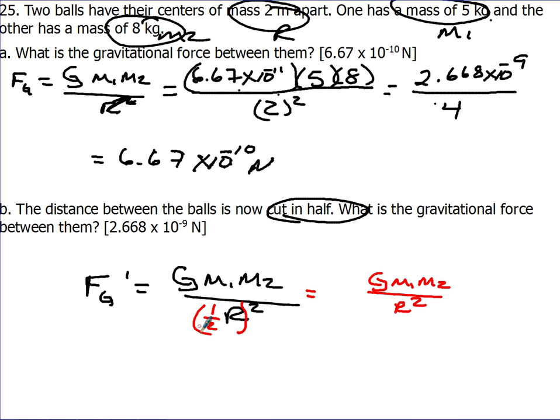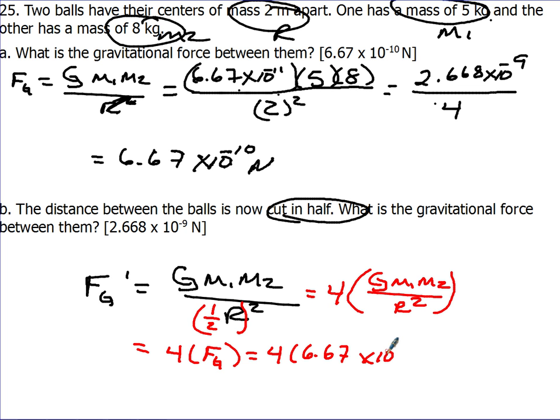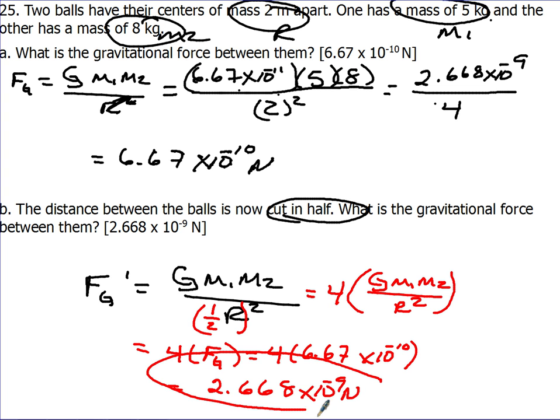Now, 1 over 1/2 squared becomes 1 over 1/4, and 1 over 1/4 in a denominator is 4 times. So this becomes 4 times Fg, or 4 times 6.67 times 10 to the negative 10th, or 2.668 times 10 to the negative 9 newtons. You can go back and do it this way if this way is a little confusing.